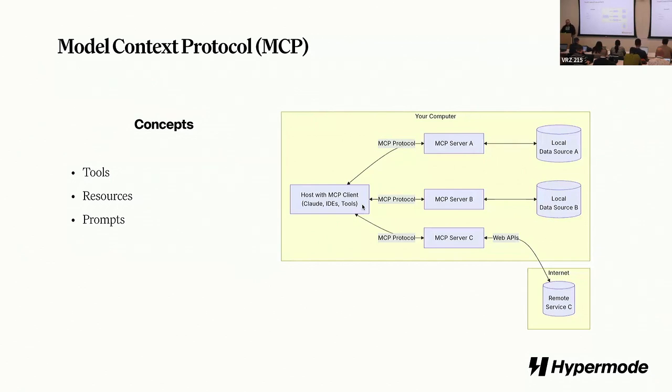The basic concepts are tools. We saw how to define tools. These are basically functions that have some text description that we can pass to the model. So the model is able to figure out when it should invoke that tool and also figure out what parameters to generate to pass to that function invocation.